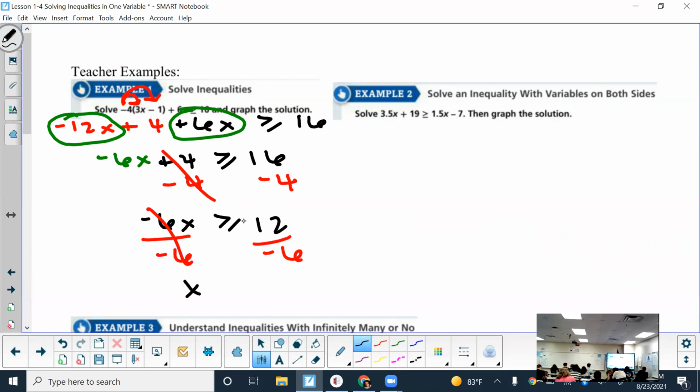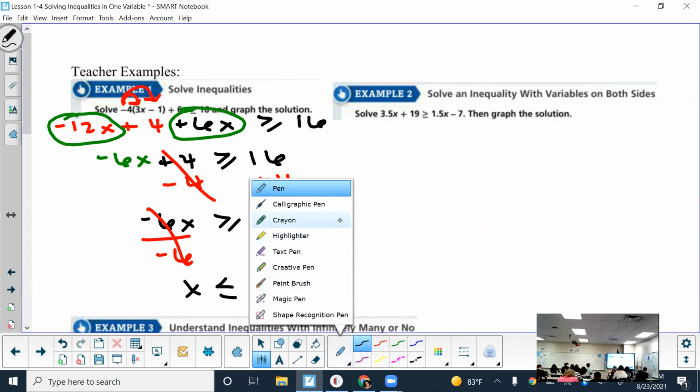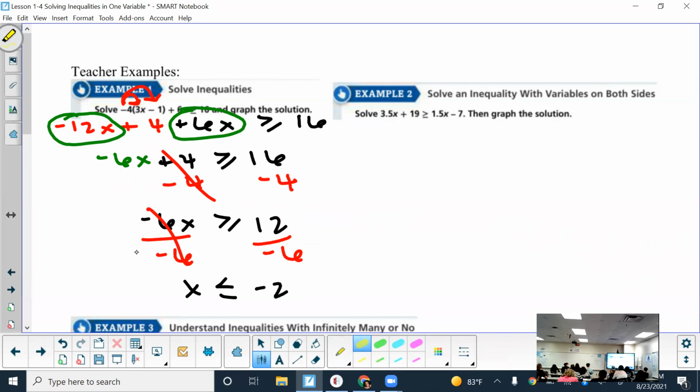So it was greater than or equal to, now it is less than or equal to. And then what's 12 divided by negative 6? Negative 2. So if you need to highlight that, go ahead, that's what I would do. Since we are dividing by negative on each side, this sign flips.